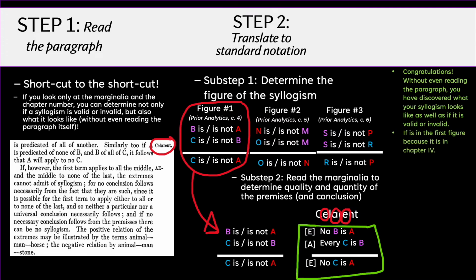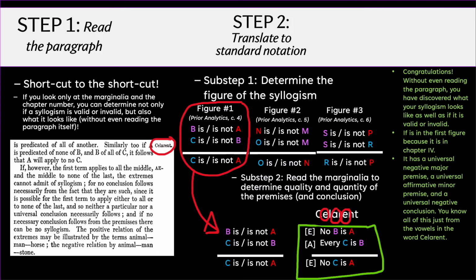You know it's valid because it has a funny name, Celarent. You know it's a first figure syllogism because it's in chapter 4. It has a universal negative major premise, a universal affirmative minor premise, and a universal negative conclusion. And you know all of this from the vowels in the word Celarent. And once again, you know that the syllogism is valid precisely because it has a funny name next to it in the margins, namely Celarent.